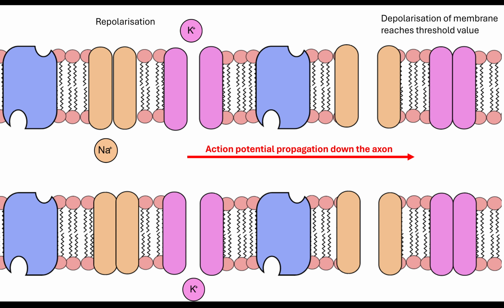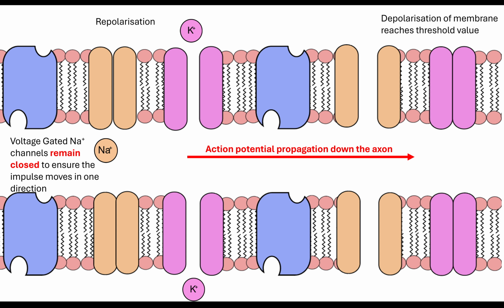But the sodium moves in both directions because, remember, it will diffuse in both directions, from an area of high concentration where it's just moved into the axon to a lower concentration away from the entry point.